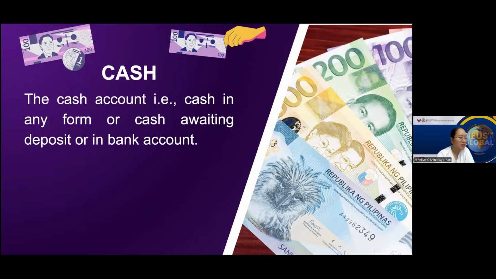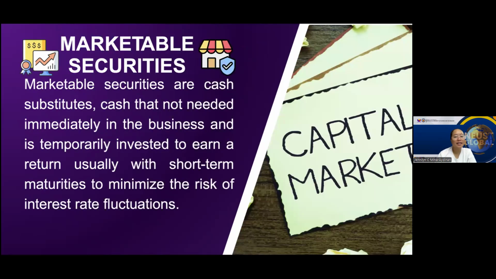What about marketable securities? Marketable securities are short-term investments that a business makes with excess cash not needed immediately, and these investments are easily convertible to cash and are typically low risk, providing a return while minimizing exposure to interest rate changes.